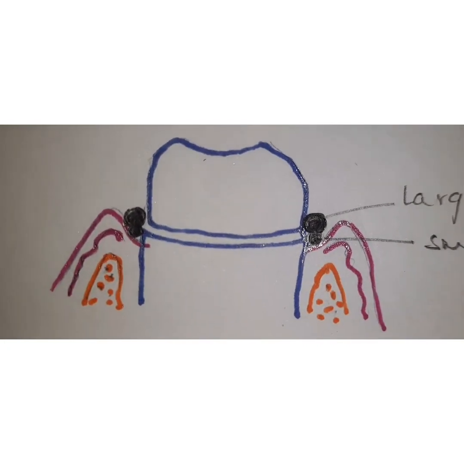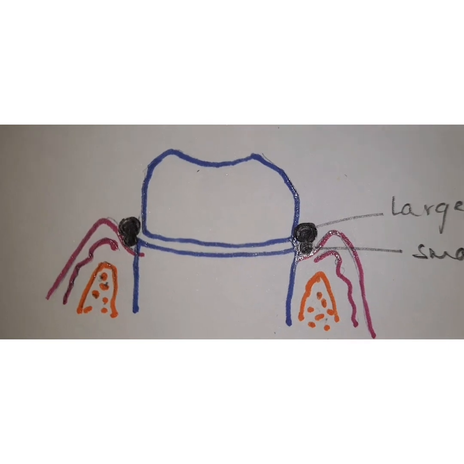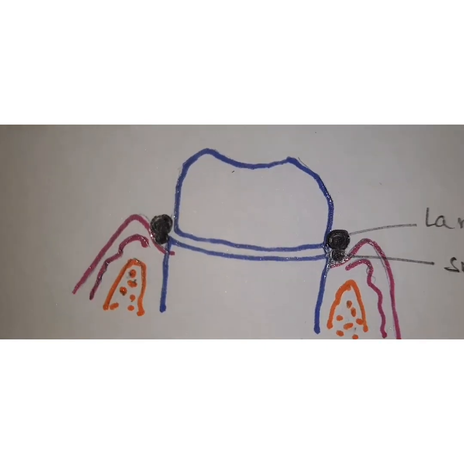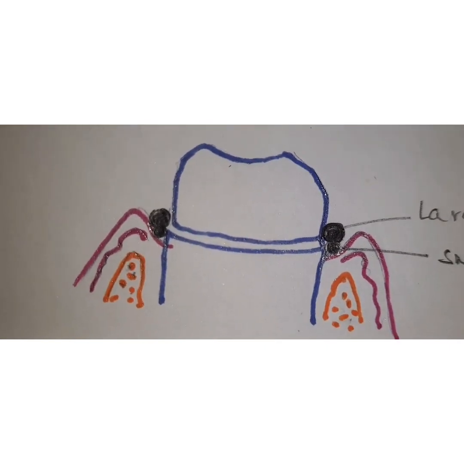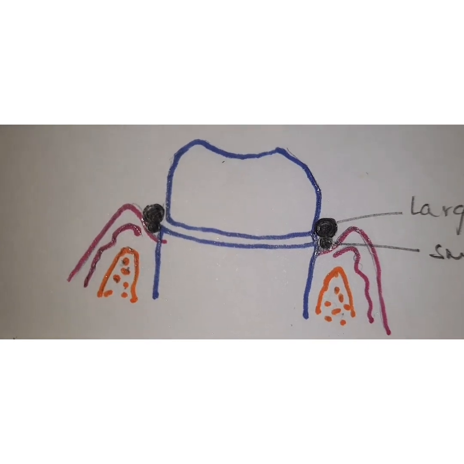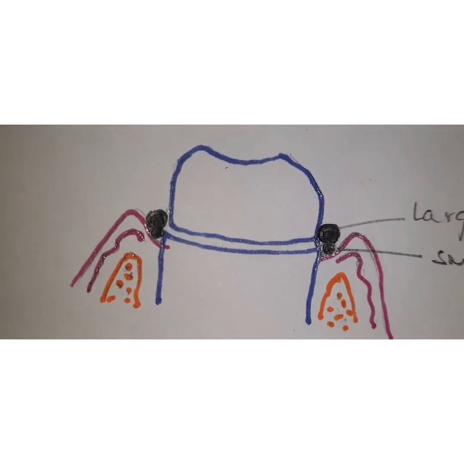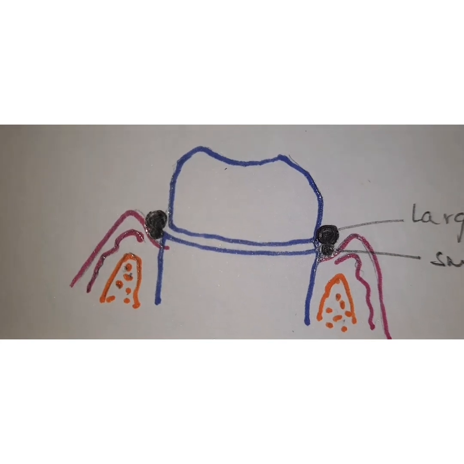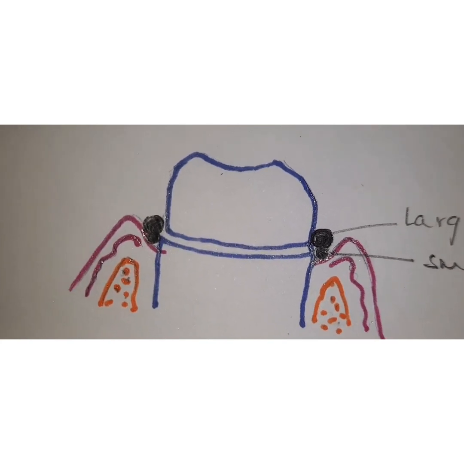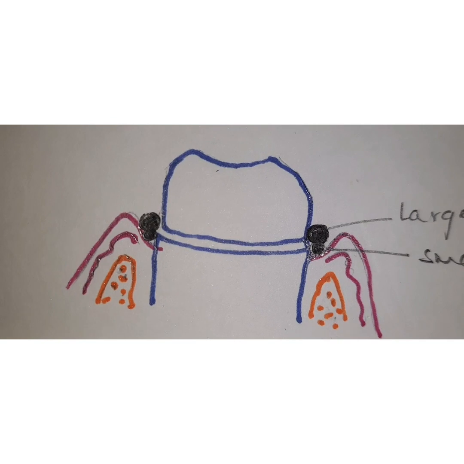And then after that you are going to use a larger diameter retraction cord. This larger diameter cord is first soaked in a hemostatic agent or any chemical of choice, and then it is placed over the small retraction cord into the sulcus.